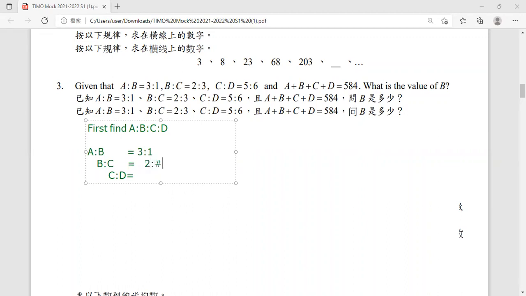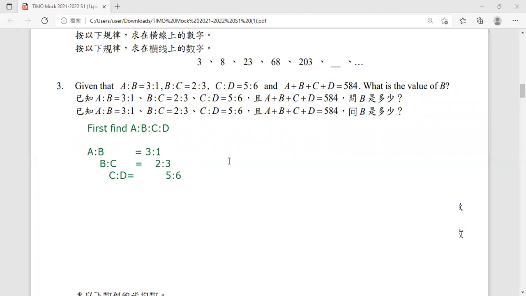This is 2 to 3. This is 5 to 6. Now, of course, you will know that it becomes the common multiple of 2, 3, and 5.